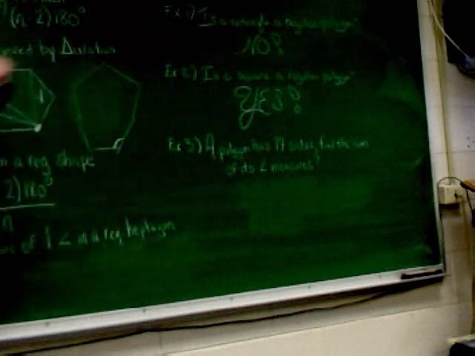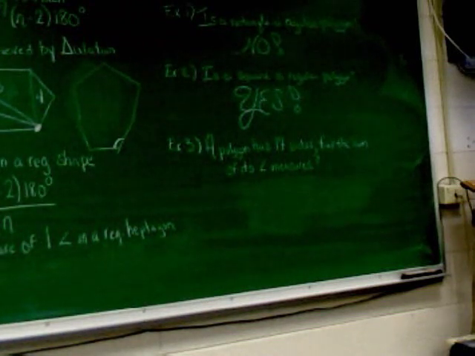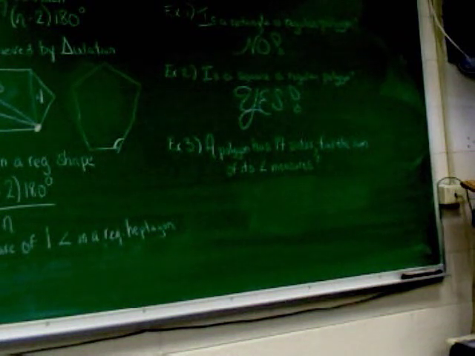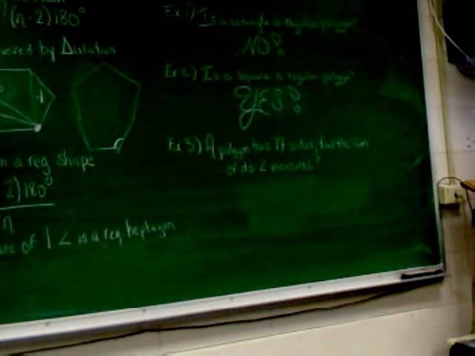All right. A polygon has 17 sides. Find the sum of its angle measures. So here I'm using that formula I just talked about, this one here.